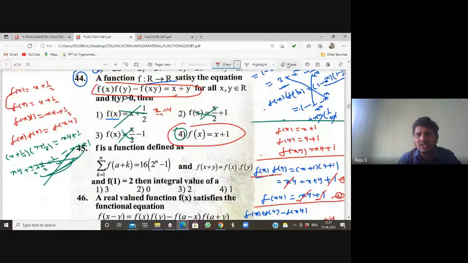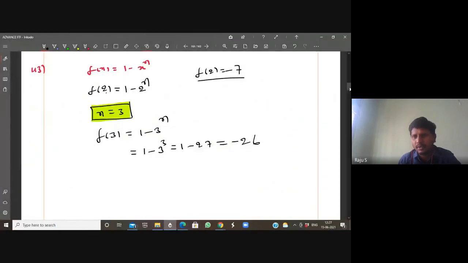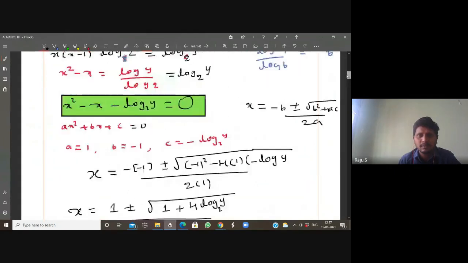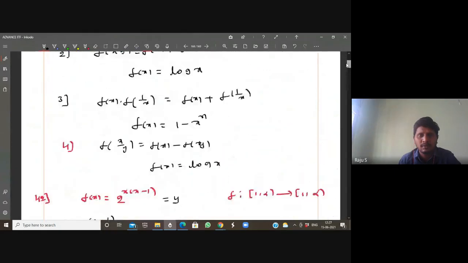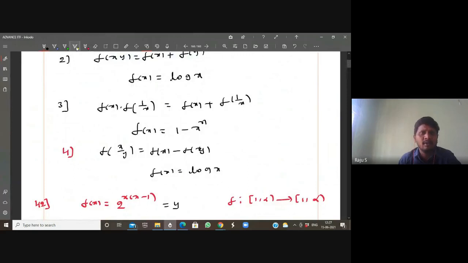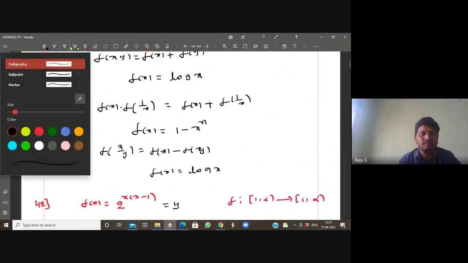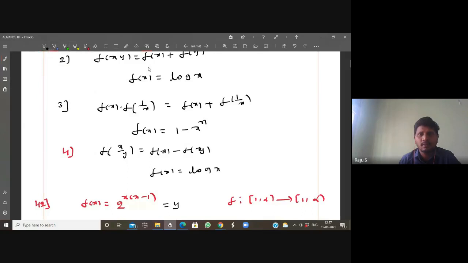So what is the function which satisfies this condition? This is also one of the properties I am going to write here. Fifth property: f of x into f of y is equal to f of xy plus x plus y is satisfied when f of x is equal to x plus 1.